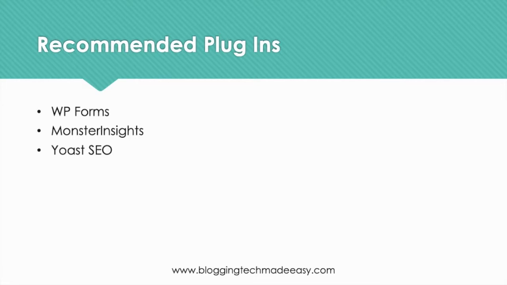Yoast SEO. Search engine optimization helps you get more visitors from search engines to your website. While WordPress is SEO friendly out of the box, there is so much more you can do to increase your website traffic using best practices. Yoast SEO is one of the most popular WordPress plugins of all time.